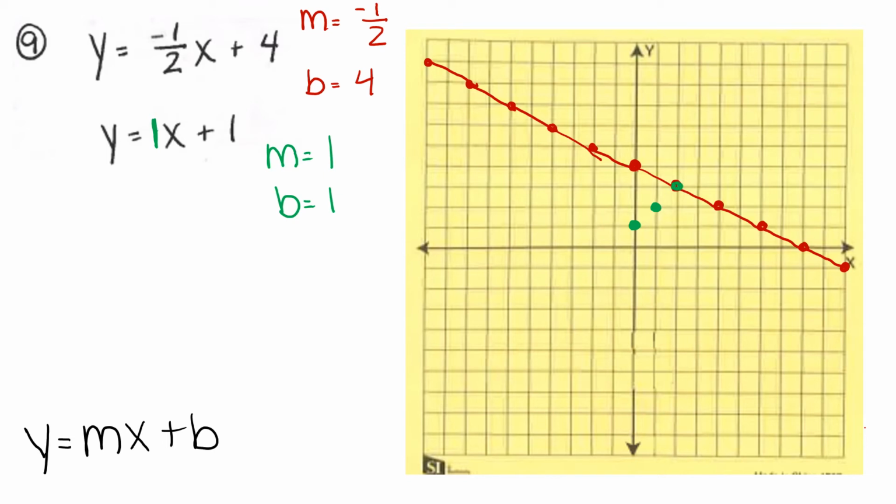Up 1 and right 1, following that pattern of positive 1, so it's up and then always to the right, until we reach the edge, connecting our dots to make a straight line. We need to continue our line going across the graph, so we do the opposite and go down 1 and over 1, connecting our dots along the way to make a straight line.